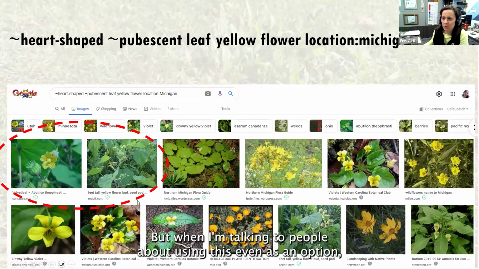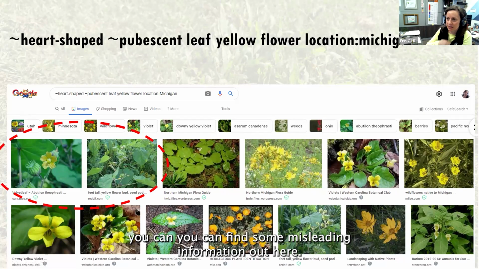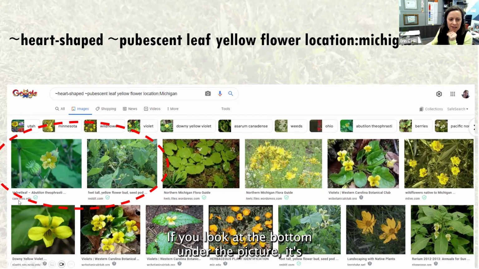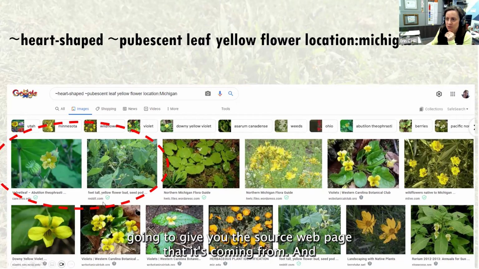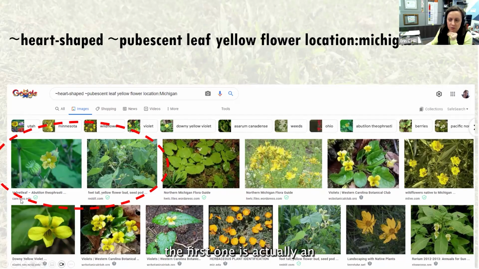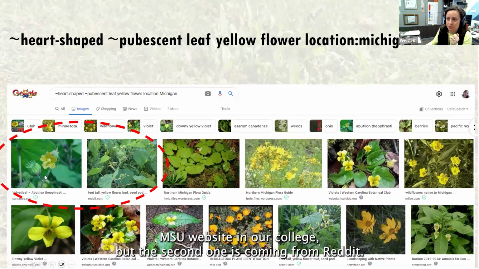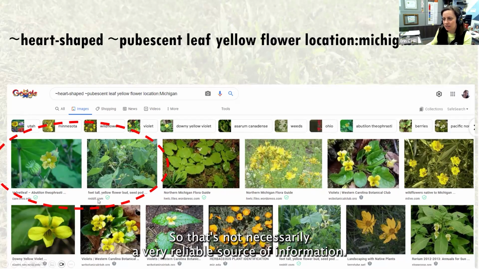When I'm talking to people about using this even as an option, you can find some misleading information out here. If you look at the bottom under the picture, it's going to give you the source web page that it's coming from. The first one is actually an MSU website in our college, but the second one is coming from Reddit. So that's not necessarily a very reliable source of information.